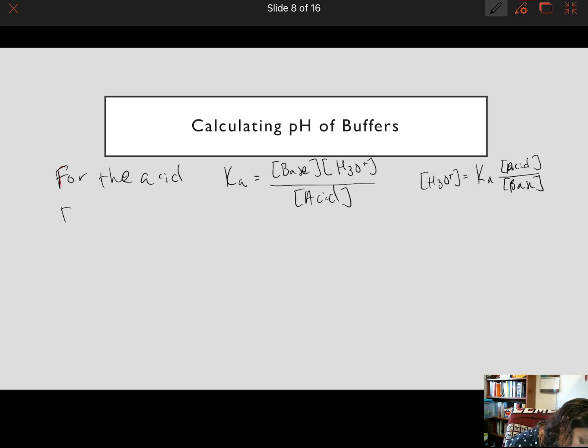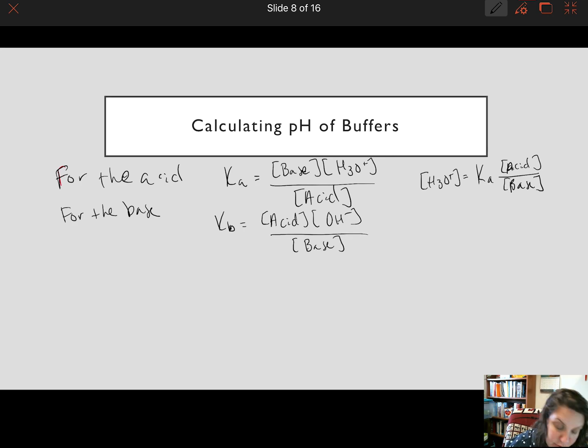For the base, our Kb is going to be equal to the conjugate acid concentration times hydroxide over our base concentration. And again, rearranging, we get hydroxide concentration is equal to Kb times base over acid.